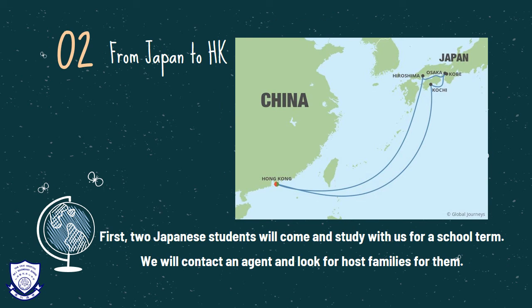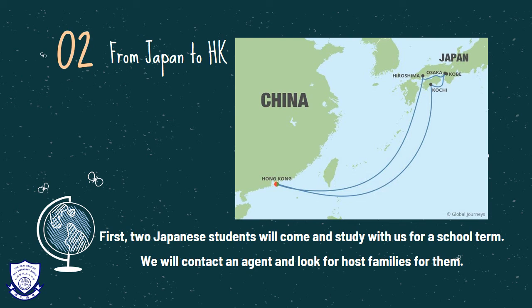The second paragraph, from Japan to Hong Kong. First, two Japanese students will come and study with us for a school term. They will contact an agent and look for host families for them. So this part is about the details of the exchange program.